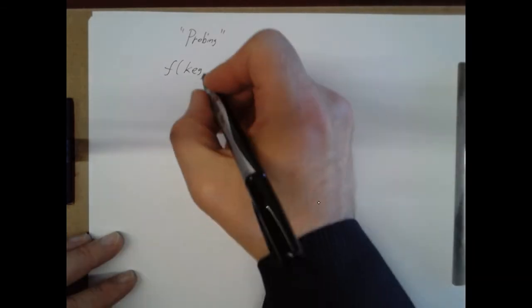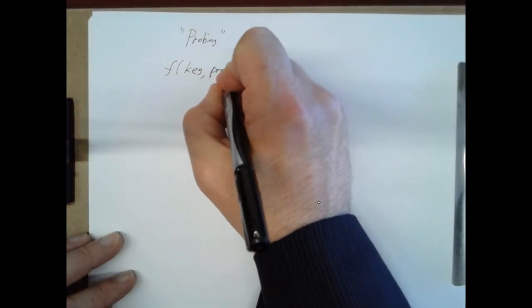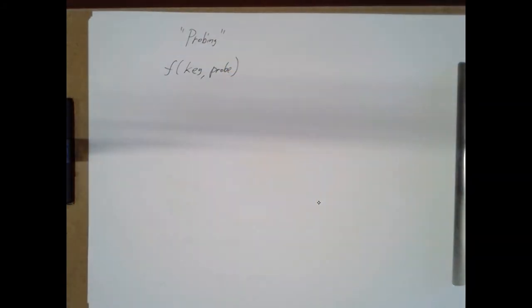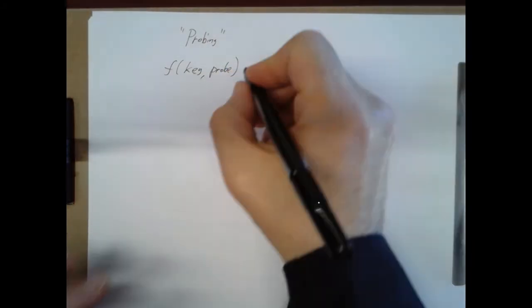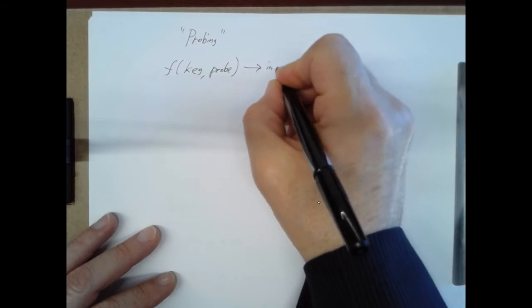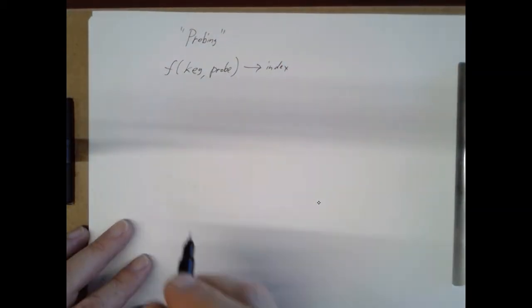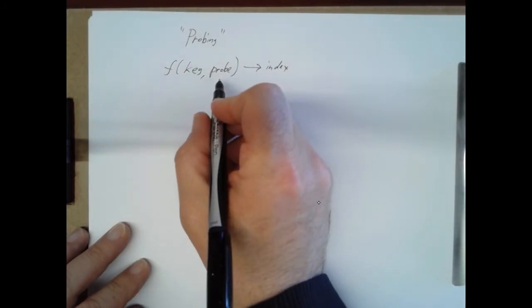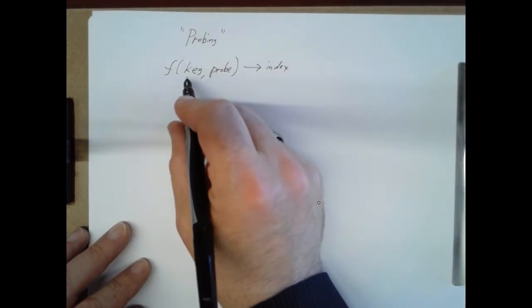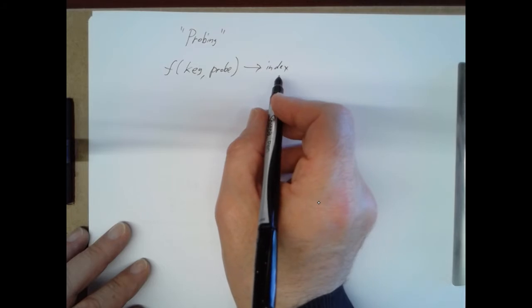But we now make our hash function accept a second argument, which we call the probe. And this gives us an index. And depending on the value of the probe, 0, 1, 2, 3, 4, this key will map to a different index.